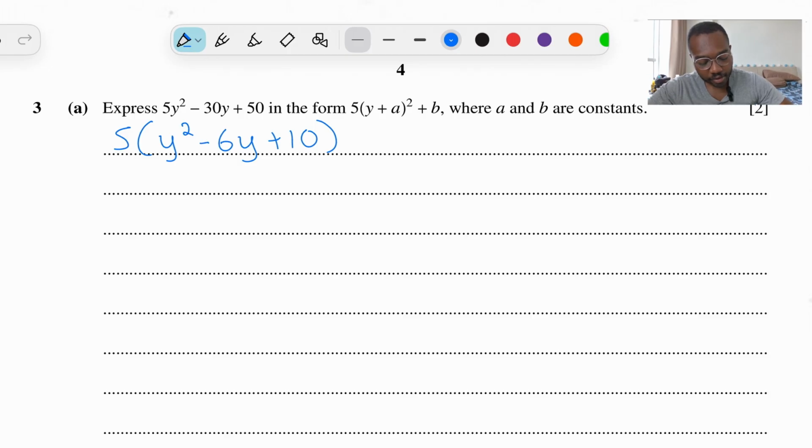And then once we've done that, we need to complete the square, so we get a 5, then in brackets we'd get y minus 3 squared minus 9 plus 10, okay? And therefore we'd get 5 in brackets y minus 3 squared plus 1.